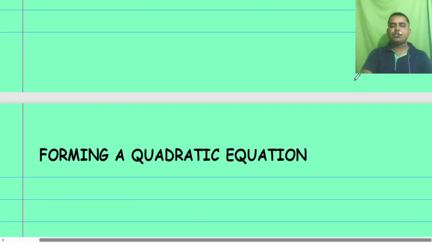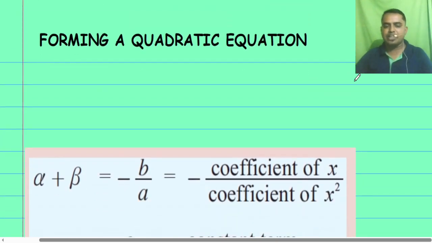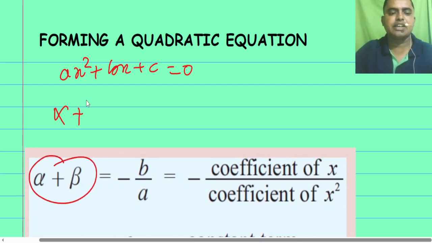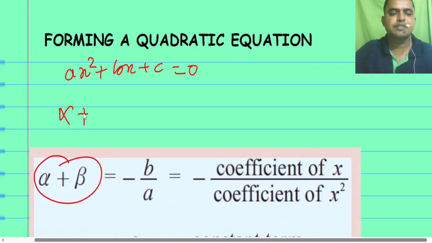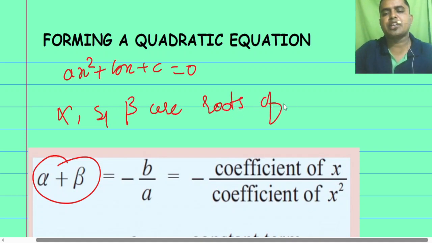So in this video, one more concept remains: forming a quadratic equation. How to form a quadratic equation? For the quadratic equation ax square plus bx plus c is equal to 0, here alpha and beta are the roots of the equation.